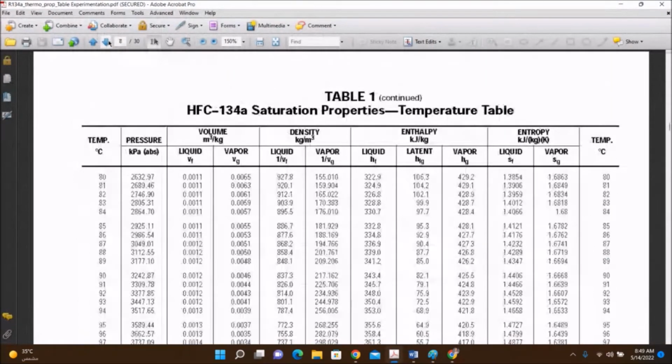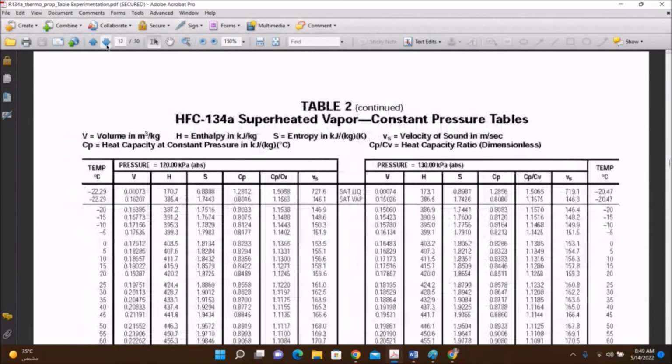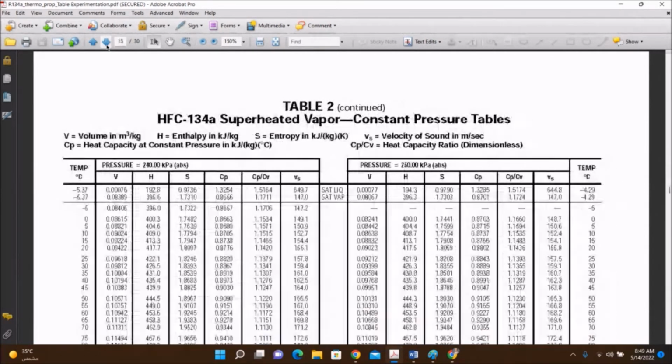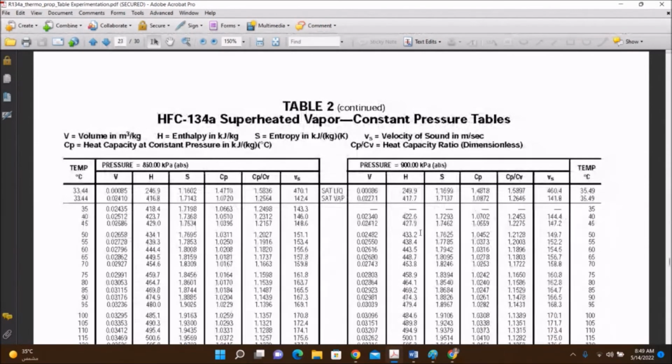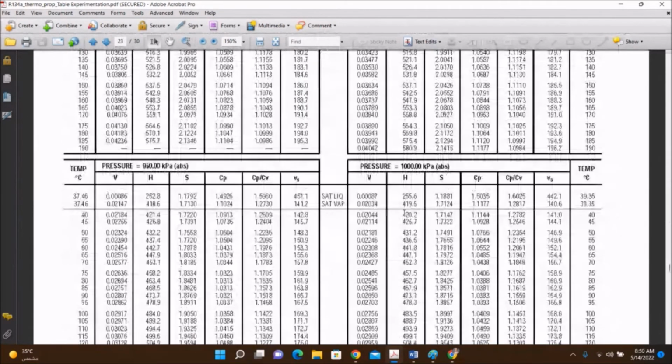It is again dry saturated. Yes, this is the saturated property table. Next page, superheated vapor. Pressure is 20 bar, kilopascal. So go to 1000: 100, 170, 200, 250, 900 kPa, and now here 1000 kPa. Now entropy 1.73 I found here. So what is the temperature?